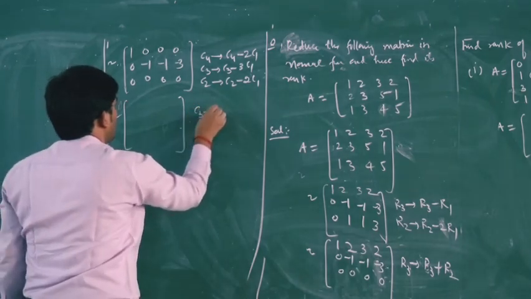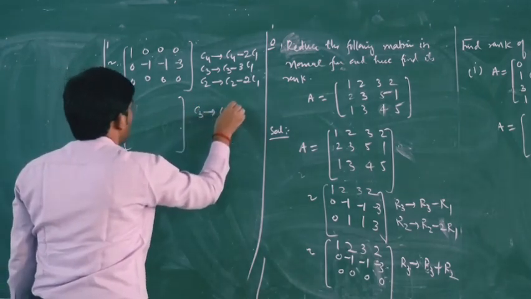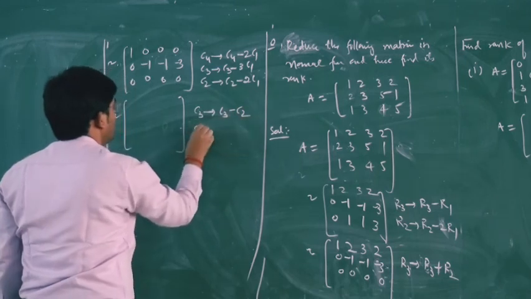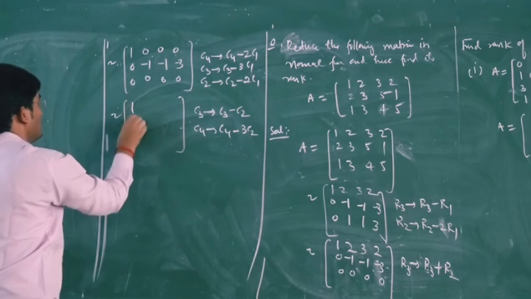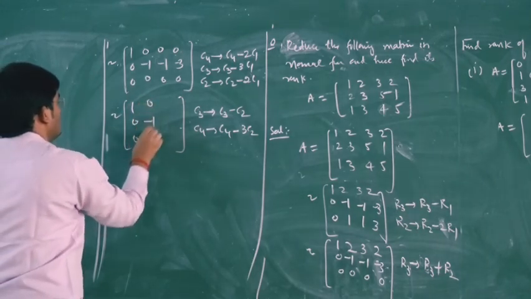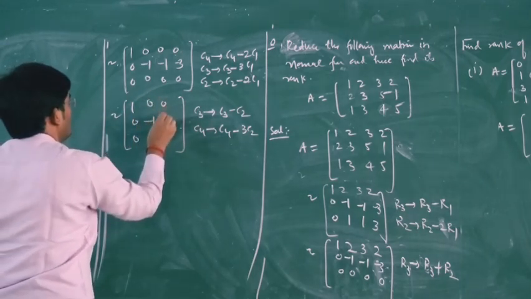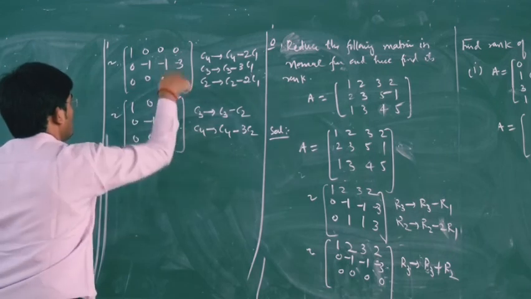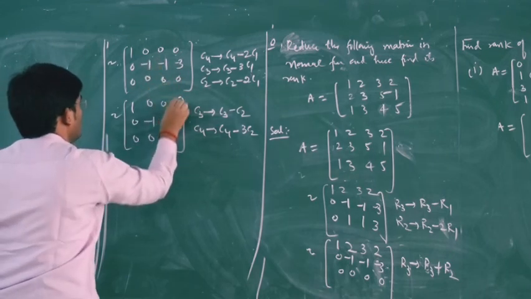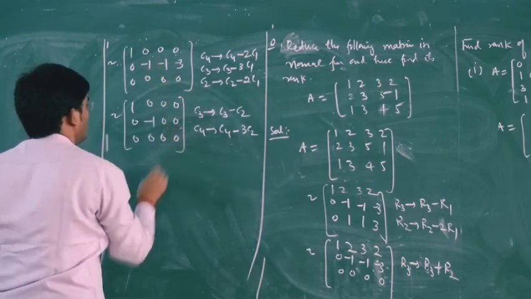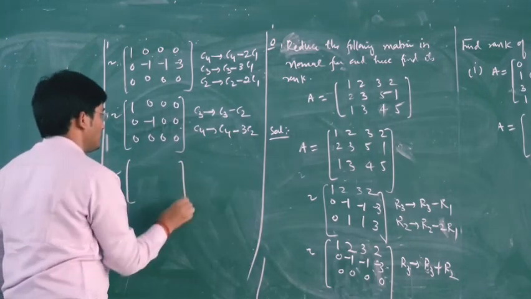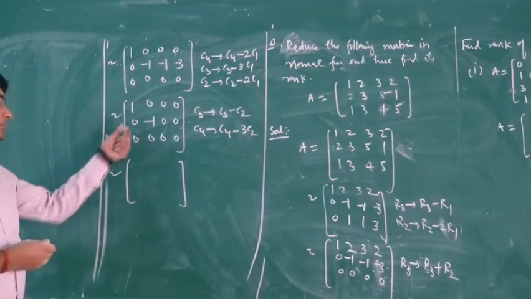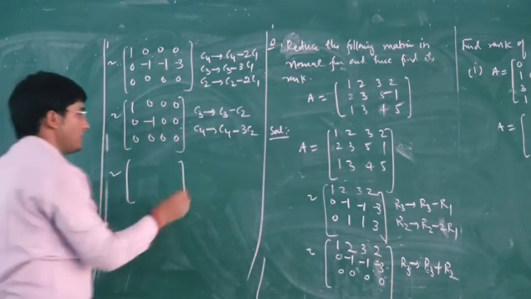Then we will have the operation C3 minus C2 and then C4 minus 3 times C2. So we have 1 0 0, 0 minus 1 0. Now C3 minus C2 will be 0 0 0. Then C4 minus 3 times C2 will be 0 0 and 0. Now let us multiply the second row by minus 1.